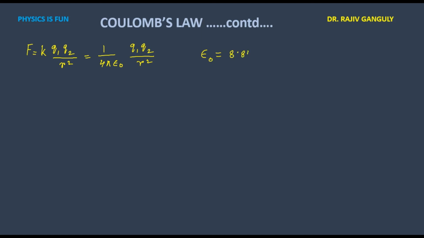The value of epsilon naught is 8.854 into 10 to the power minus 12 Coulomb square per Newton per meter square. I am repeating, the value of epsilon naught is 8.854 into 10 to the power minus 12 Coulomb square per Newton per meter square.